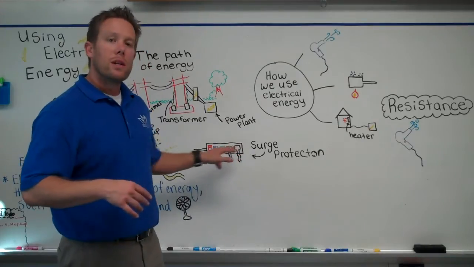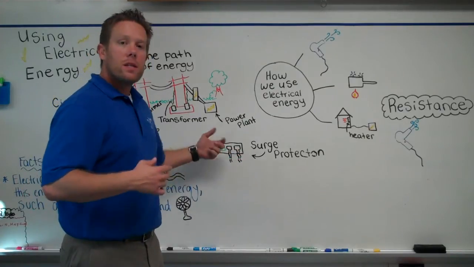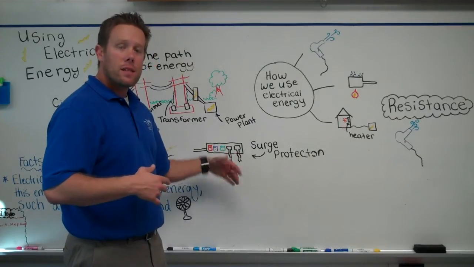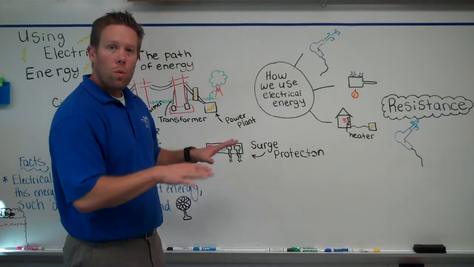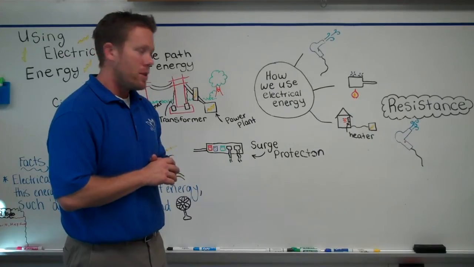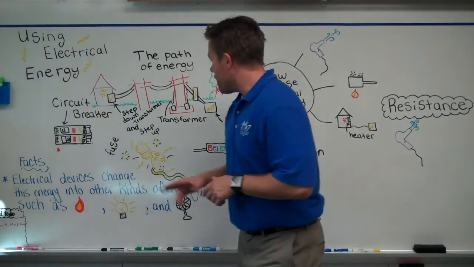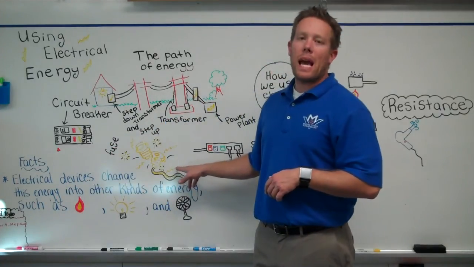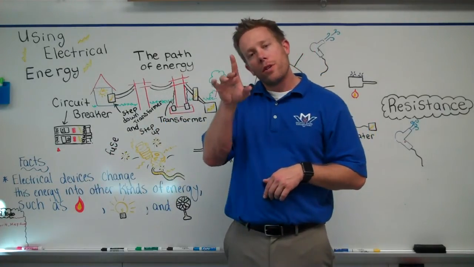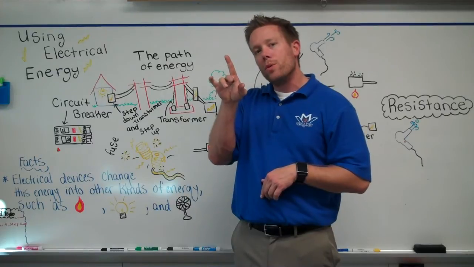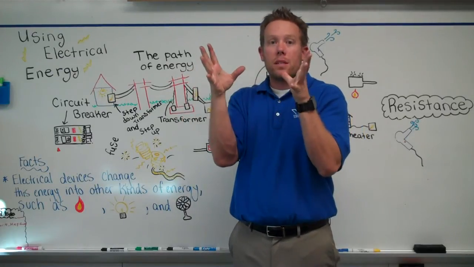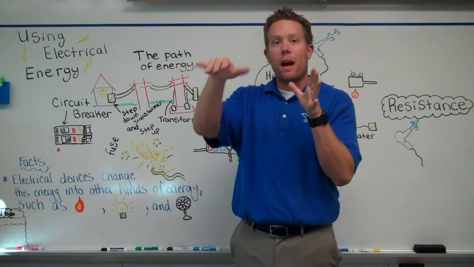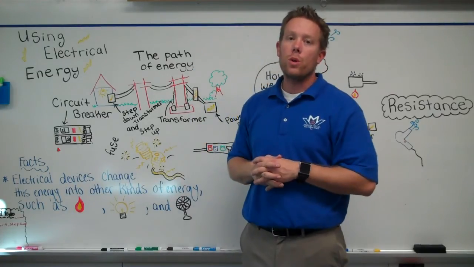If you have too much electrical energy that you're asking to come out of these sockets, the surge protector will shut everything down before it damages it. Okay? Fuses are inside of these circuit breakers, but what basically happens is when it gets too hot, there's a thin piece of metal in the fuse, okay, and it breaks, creating an open circuit because now electrical energy can't travel along the fuse anymore.